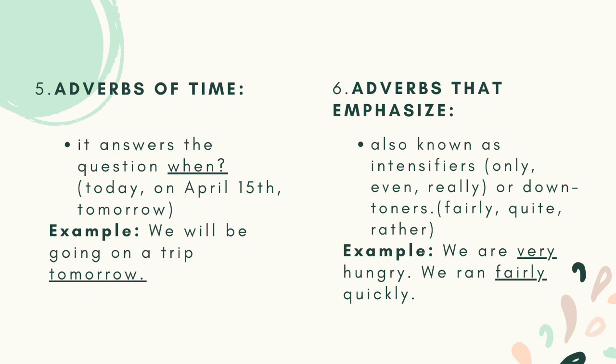We are very hungry. So the intensifier being used is very, which emphasizes how hungry we are. Next example is for the downtoners, which is we ran fairly quickly. So the downtoner that is being used is fairly, which tones down the word quickly.